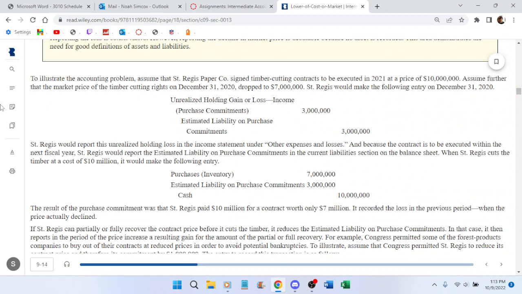It has already recorded the loss. Okay, their liability is now erased.